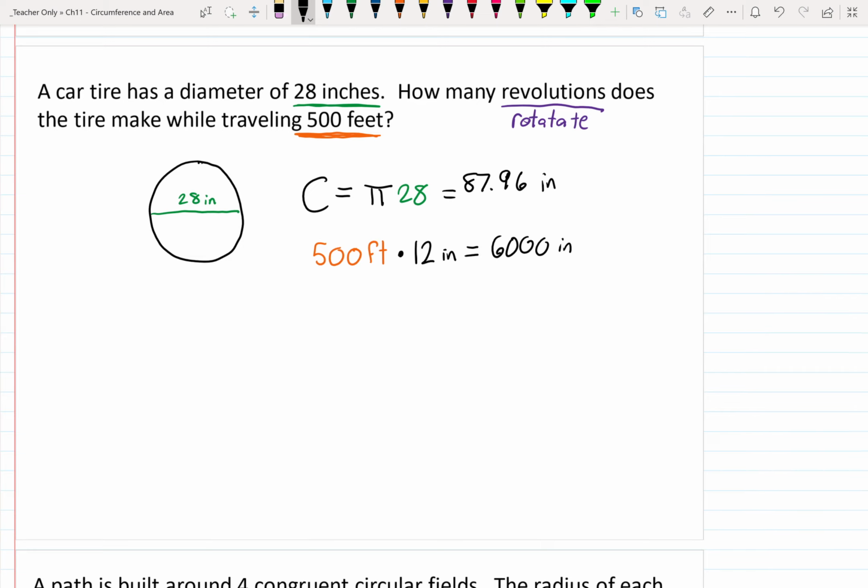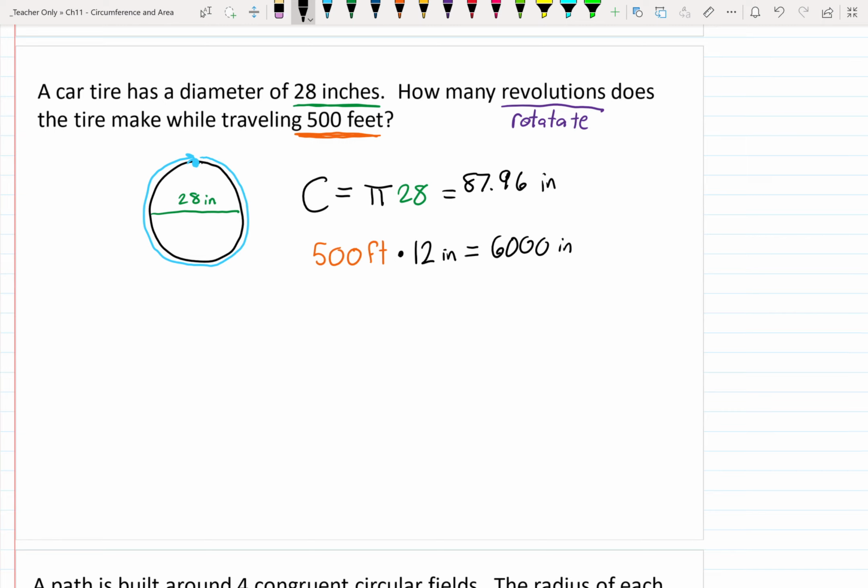So if I want to find on my tire here, maybe we start here, if I were to go forward and rotate all the way around, that's one rotation. Which means one rotation would cover the amount of distance my circumference is. I want to find how many times I rotated in 6,000 inches.